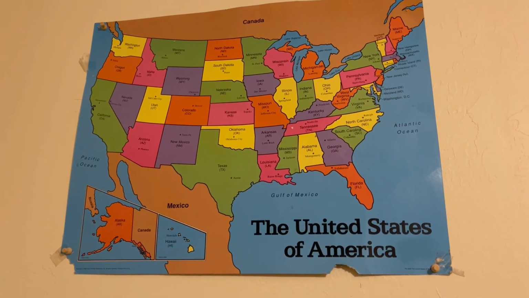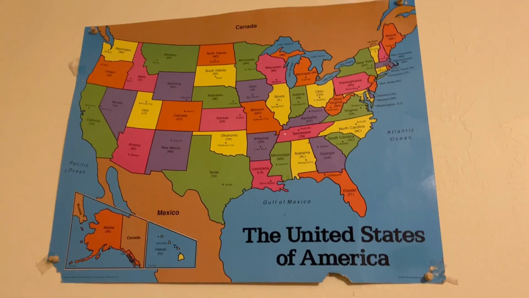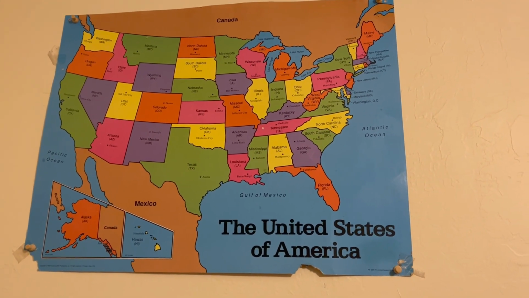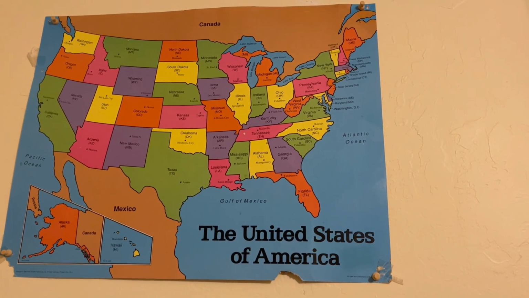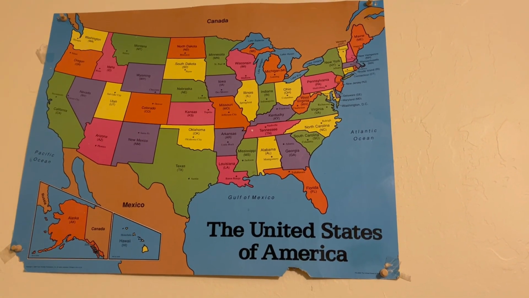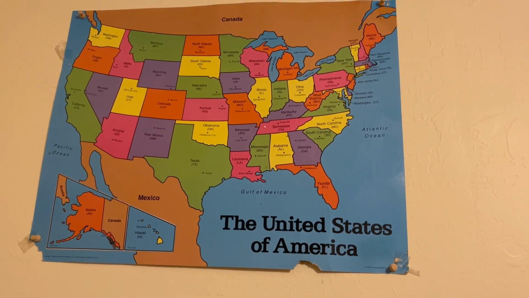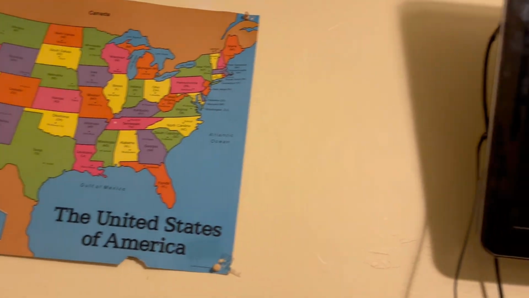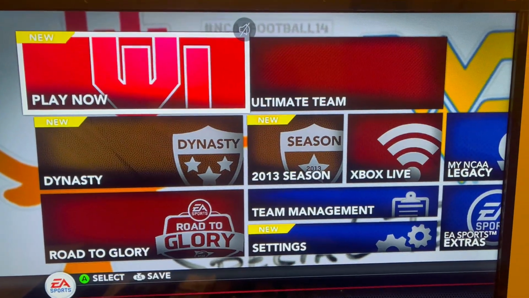So whenever I'm recruiting and whatnot, it's good to have a point of reference there. So I know pipeline states within the region, states to realistically recruit in, things of that nature. So I always use it as a reference point. And that leads into the actual first part of the setup, which is this TV here. So I've got NCAA 14 fired up here.